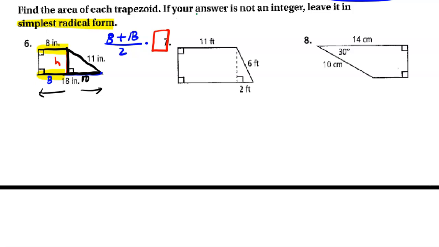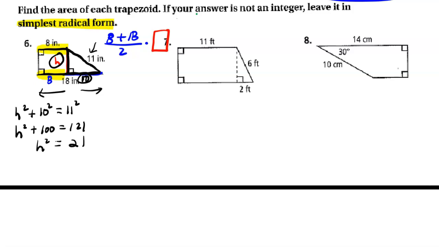And so I'm just going to use Pythagorean theorem, which remember is leg squared plus leg squared equals hypotenuse squared. So that'd be h squared plus 100 is 121. Subtract from both sides. So h squared is 21 when I subtract 100.